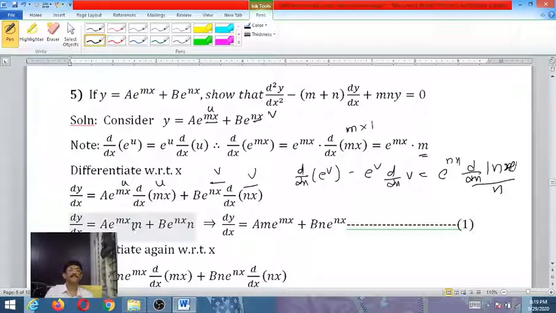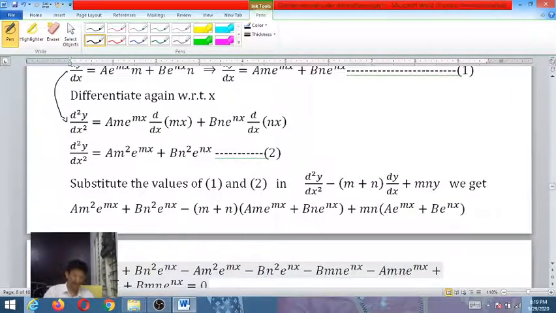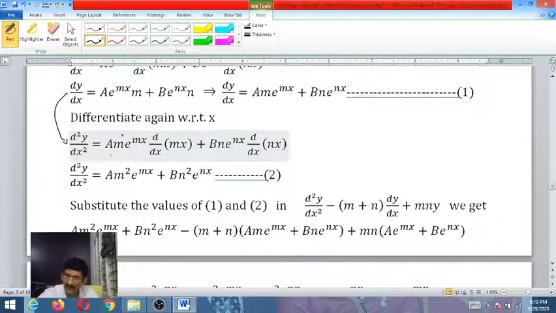So you transfer this m here, am e power mx plus bn e power nx. Again differentiate with respect to x. What happens to this dy by dx? It changes to d square y by dx square. Again am is a constant, keep as it is.